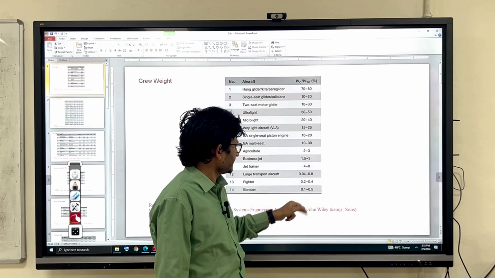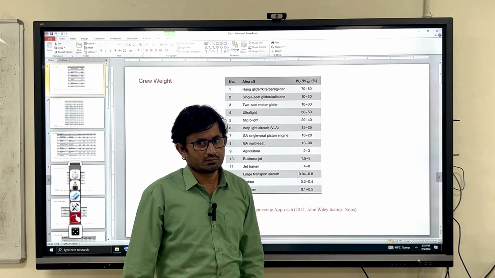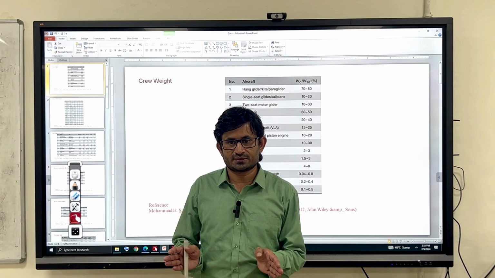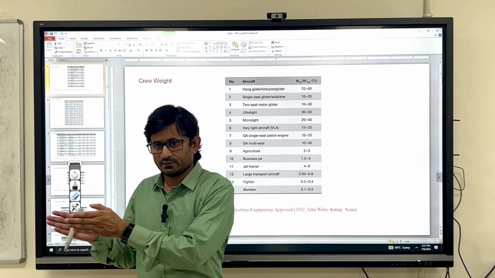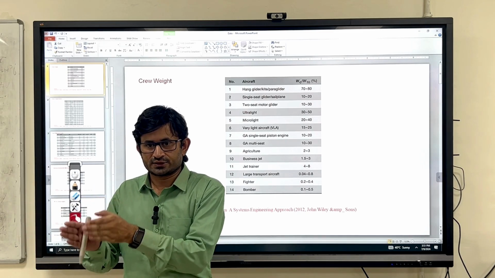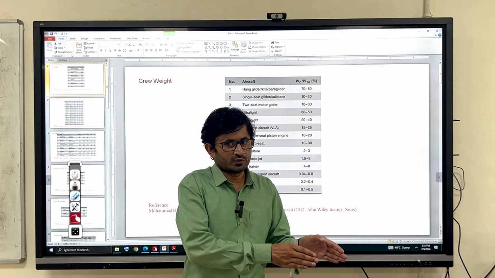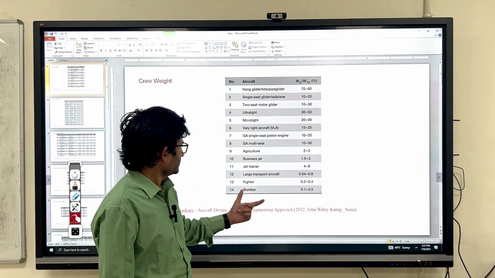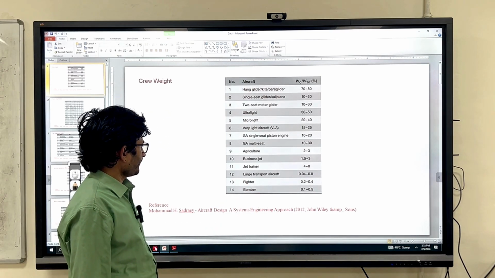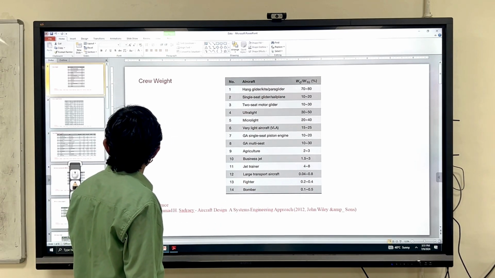So in a fighter aircraft, it is less than 1. Most of the weight is going into fuel, structures, power plant, subsystems, payload, and less weight on the crew side.